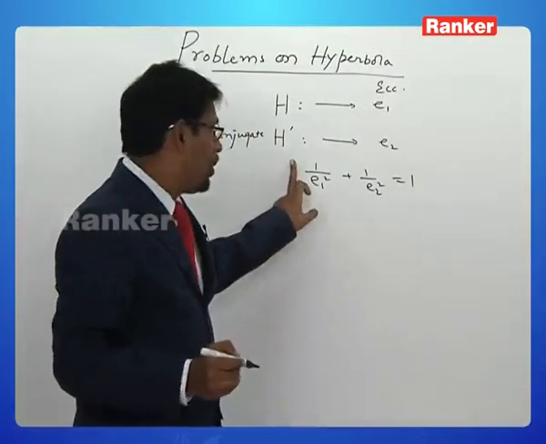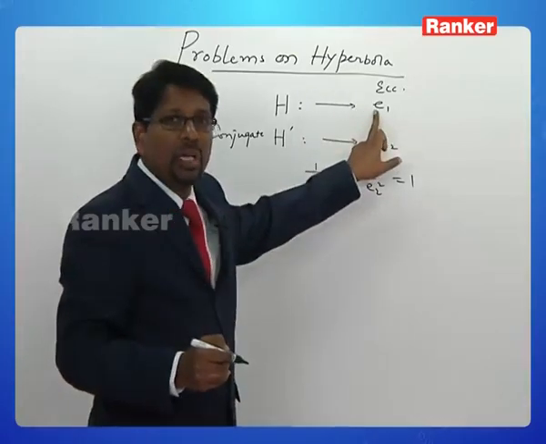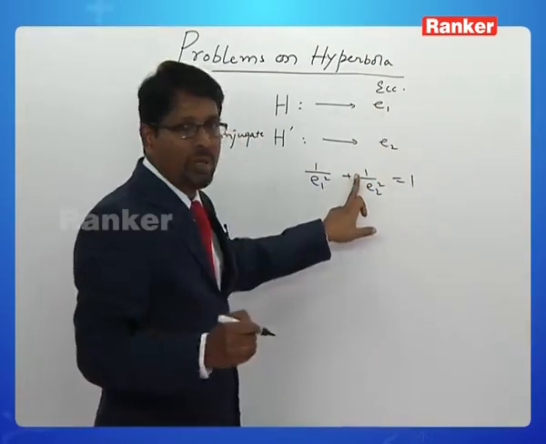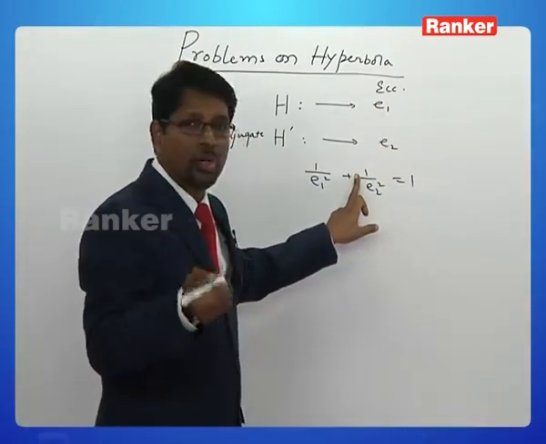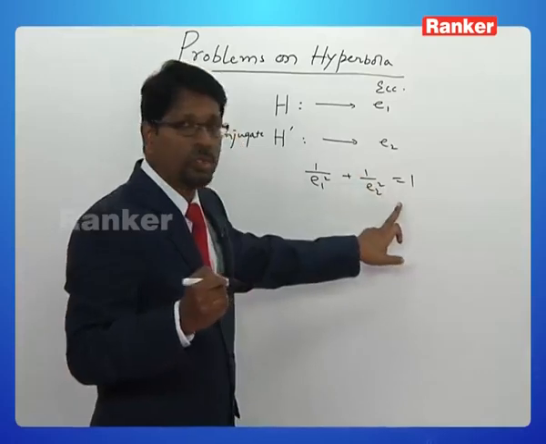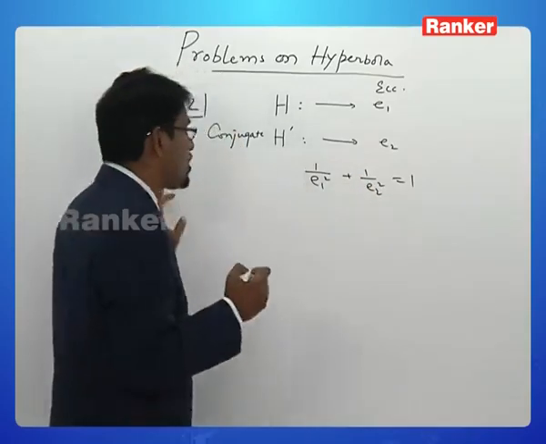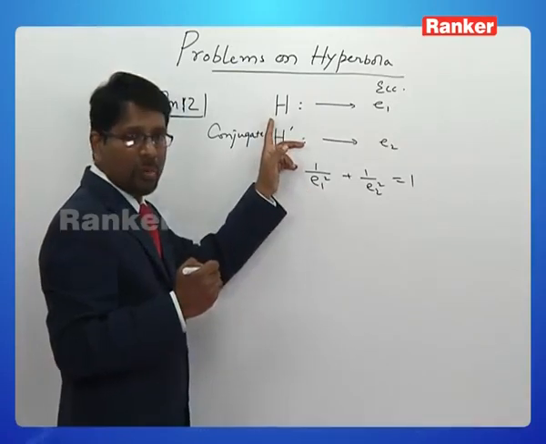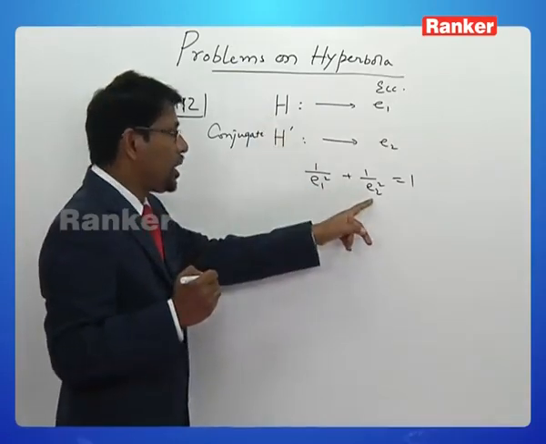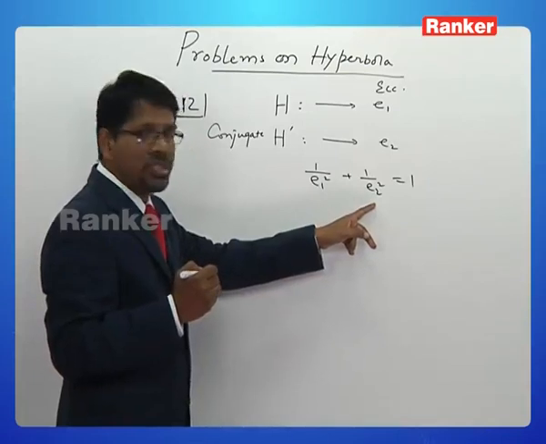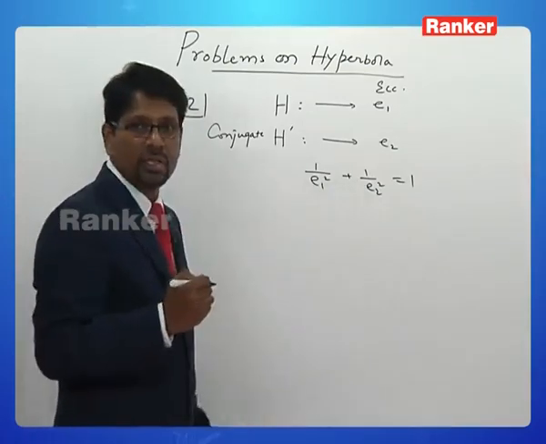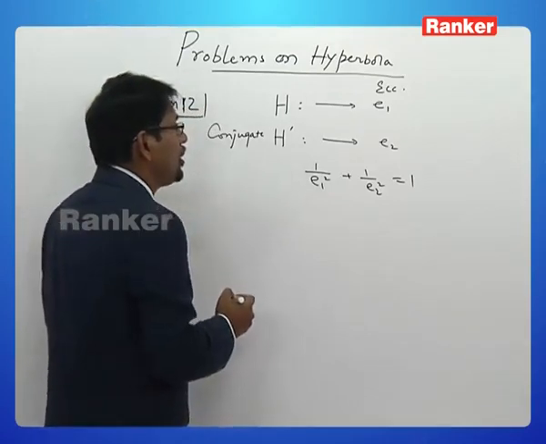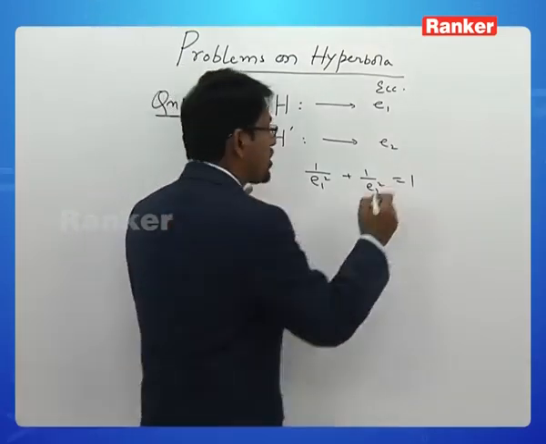That is, 1 upon the square of the eccentricity of the given hyperbola plus 1 upon the square of the eccentricity of the conjugate hyperbola is equal to 1. So we can use this relation. We are given the hyperbola. For the conjugate, let me assume that the eccentricity is E2 and we will find it using this equation. Now, what is the hyperbola given to us?